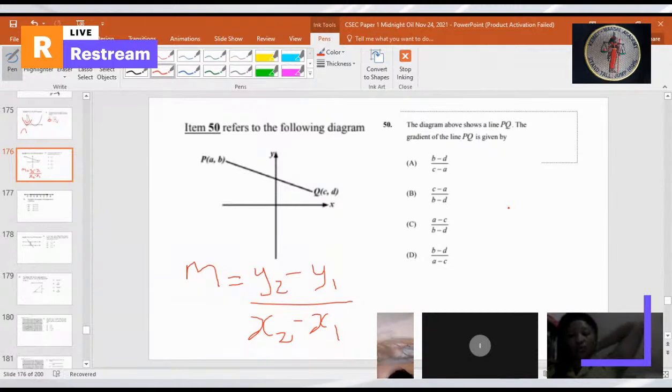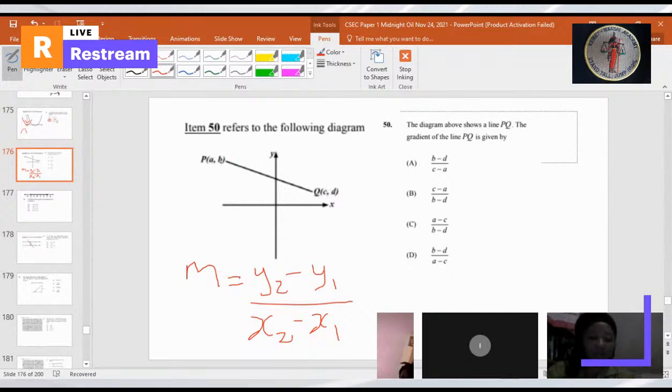So D minus B over C minus A. All right, so they're not using those, so maybe they're shifting it, using these as the second and these as the first.